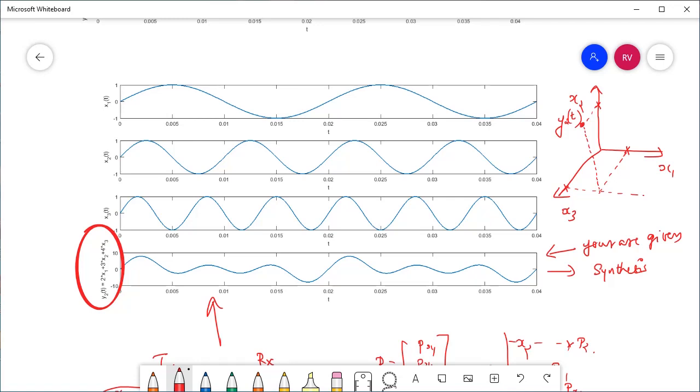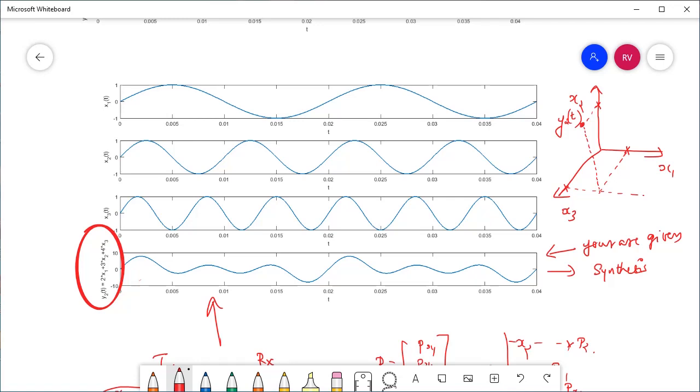Actually we know that it is 2, 3 and 4, but only because we have written the equation here. If you are given just this signal, how can you find out the contribution of each basis in this signal? That is pretty simple, right?